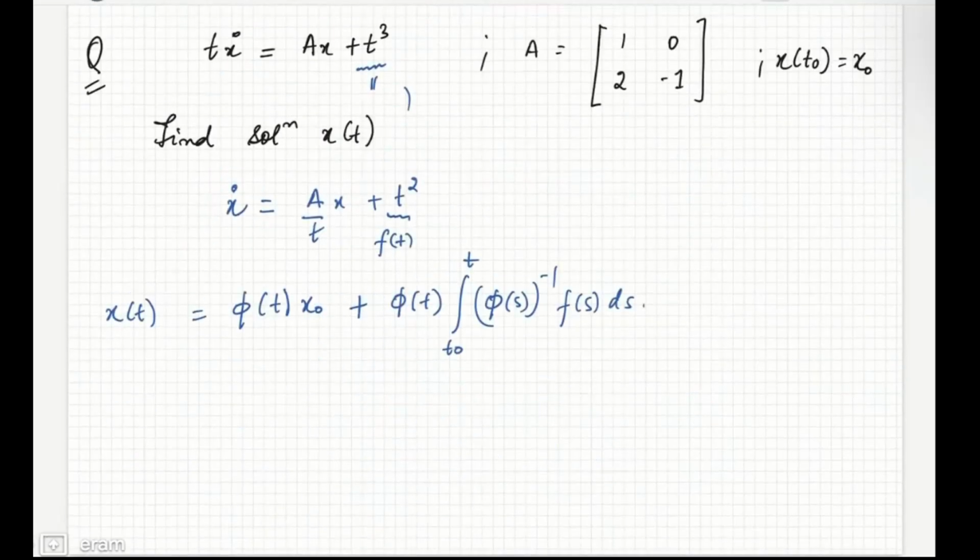Okay, so this is nothing but t to the power a and x naught. Similarly, phi t is t to the power a. We have to do integration from t naught to t. So what is phi s inverse in this case?